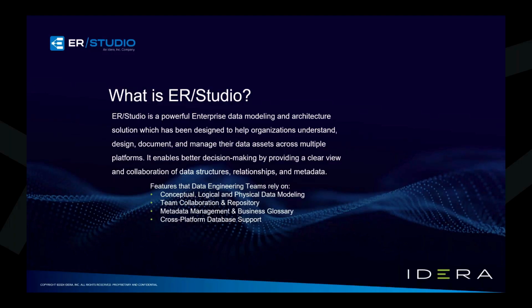We also have with our ER Studio Enterprise Edition, which I will be demonstrating today, what we call Team Server Core, which you can think of as your ER Studio web portal for team collaboration and the repository. I'm going to get a little bit deeper into what ER Studio Enterprise is as I go through the different modules.